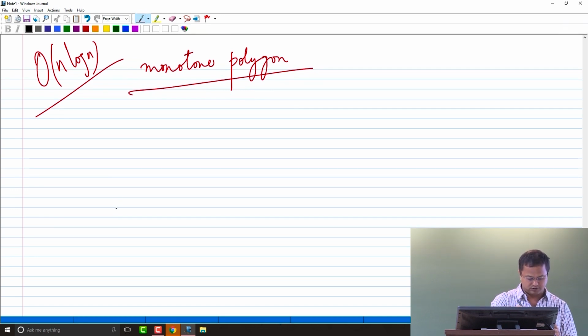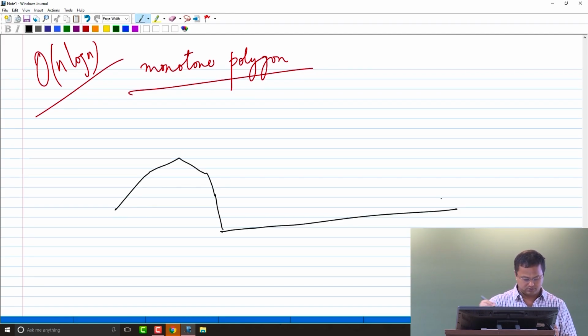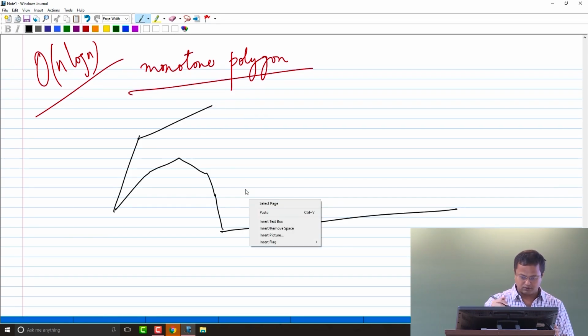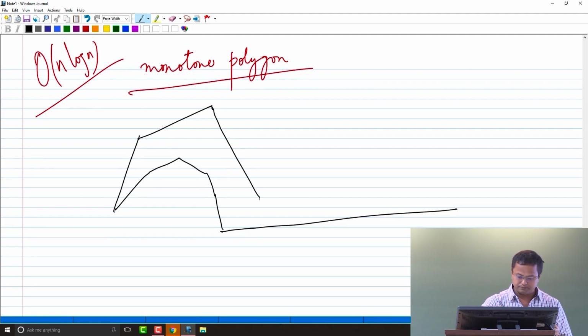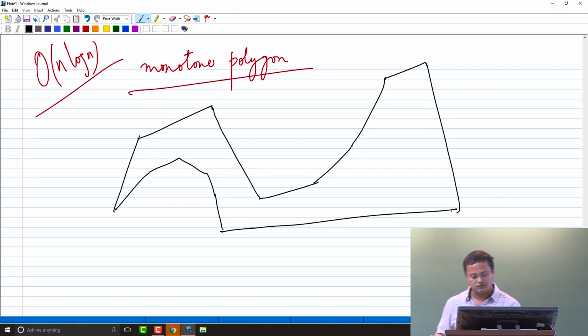So, here is the polygon. So, it is kind of an X monotone polygon.